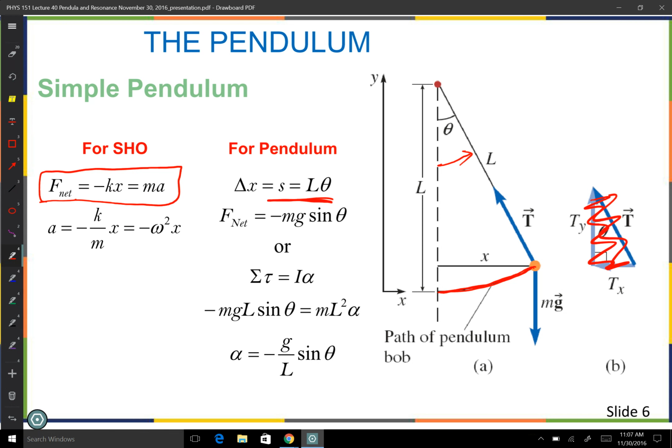It's actually not horizontal. This mass is not going to go like that. It's also not vertical, it's something else. And so the directions I'm going to use for analysis is going to have one direction that's toward the center, just like we did with circular motion, and one direction that's perpendicular to that.